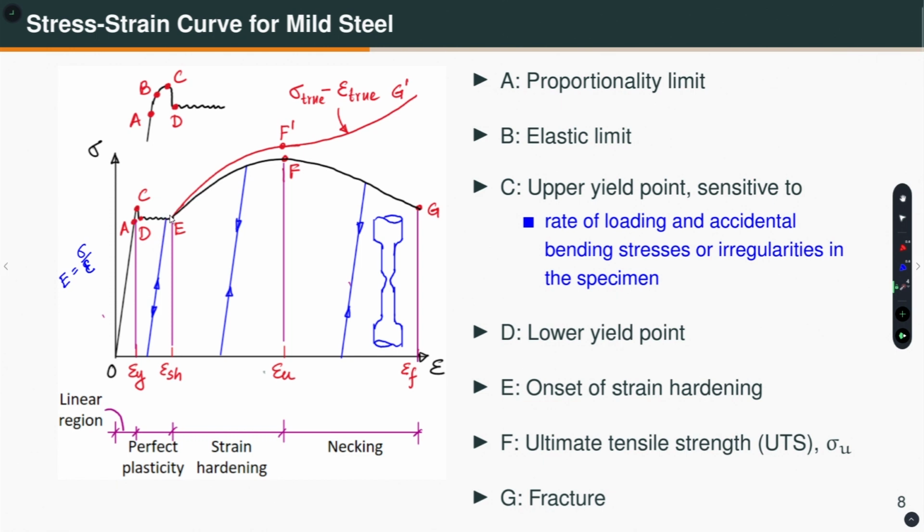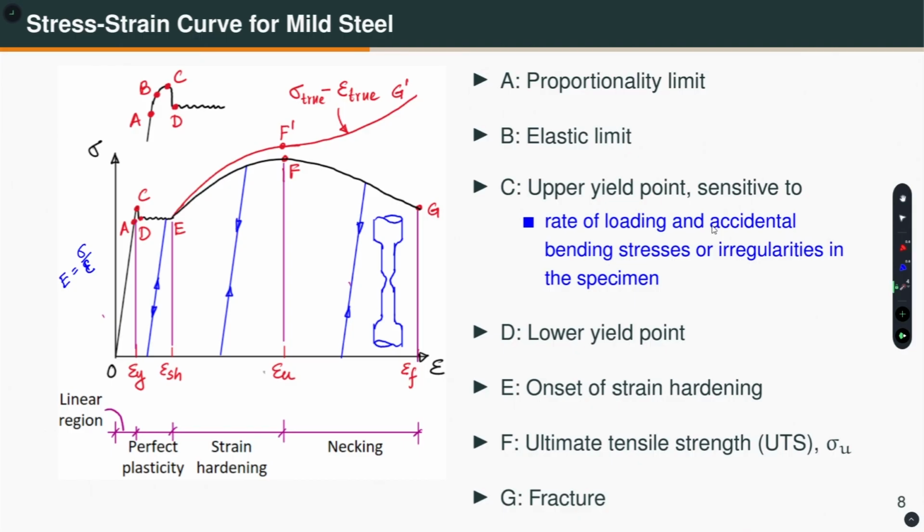D is called the lower yield point, which is what I have written here. Let us note that the upper yield point, which is this point, is very sensitive to rate of loading, accidental bending stresses and any irregularities that might be present in the specimen.